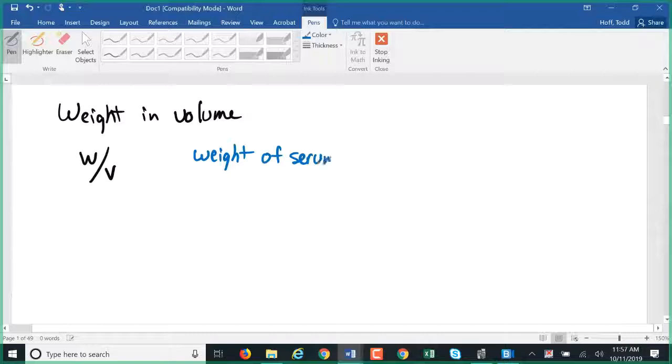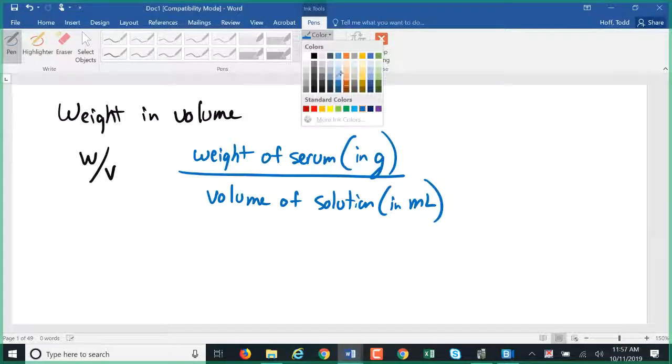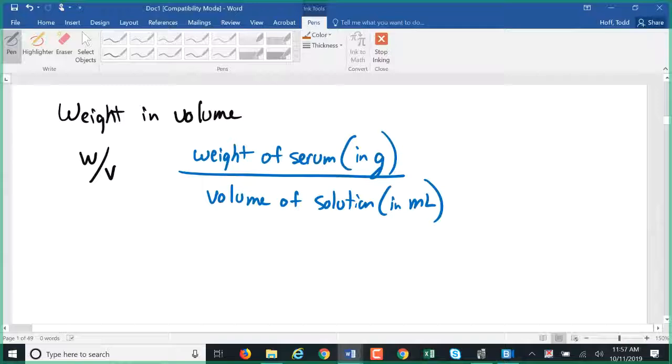Weight of the serum in grams compared to the volume of the solution in milliliters. Grams are related to the milliliters. Most often used when using a powdered medication into a liquid carrier, into saline, most likely.